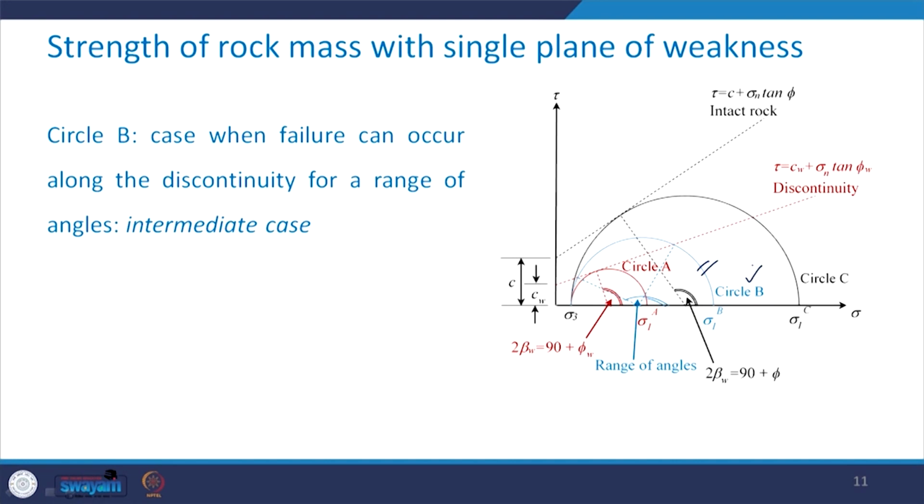Please understand this carefully, focus on this figure. This is the circle corresponding to any state of stress which is the intermediate case between circle A and circle C. Now, from the center, we draw two lines, one joining the intersection of circle B with the discontinuity envelope at this location and another at this location. So, I have these two lines.